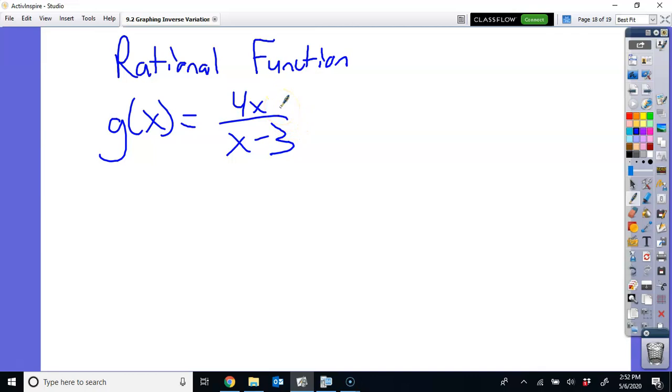What that causes is sometimes some really crazy stuff that can happen on graphs. But if you have the degrees that are the same like this on the top and on the bottom, this is x to the first and this is x to the first, you can actually use division. You can do that old long division technique where we fill in the spots of our standard form, x to the first, and then no x right here, x to the 0.